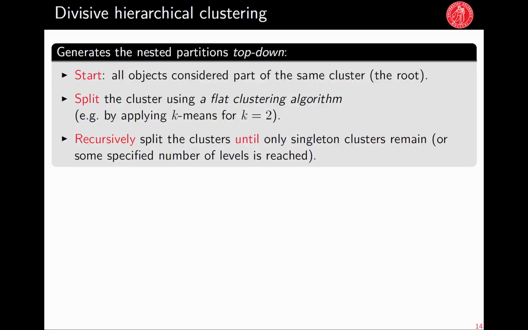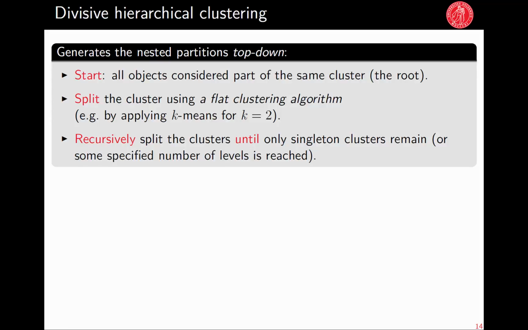Okay, so this is actually my final slide, the one quick slide on top-down methods, top-down clustering, which is not used nearly as much as bottom-up clustering in practice. So the idea here is to build a tree starting in the opposite direction of bottom-up clustering.